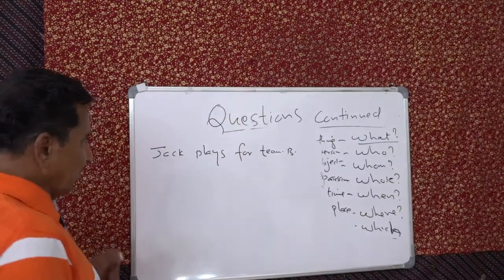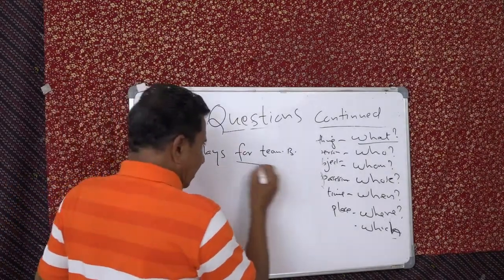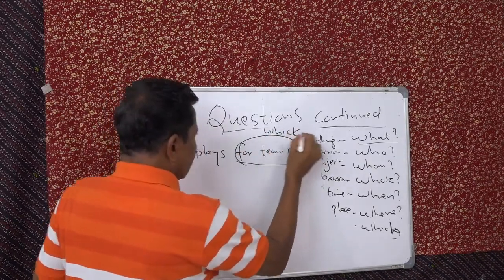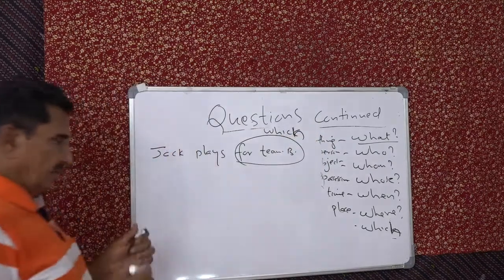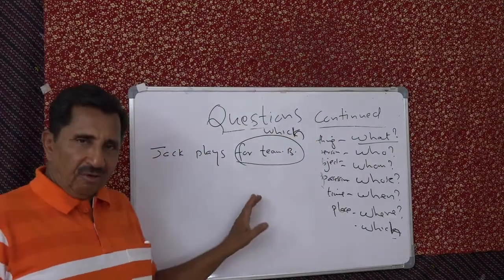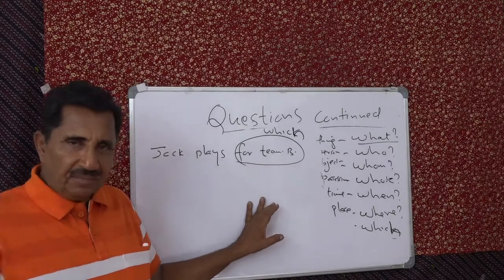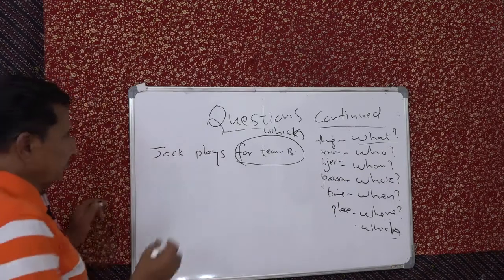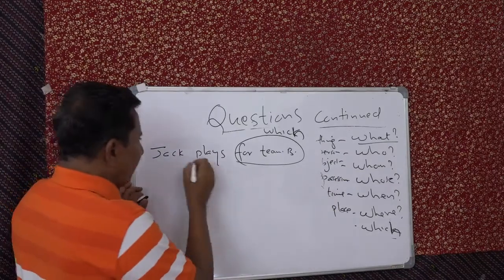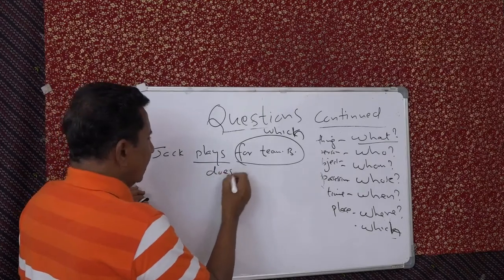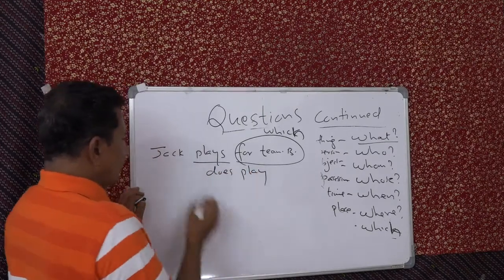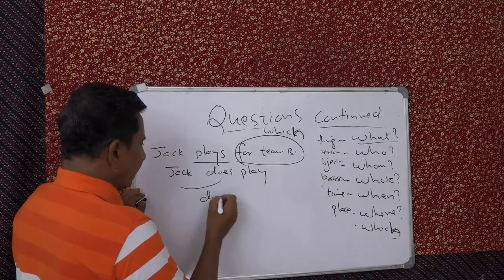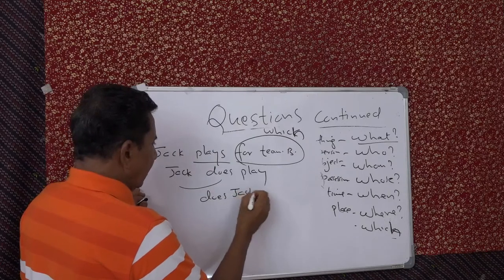And so what do you do? Instead of this, you write which. Okay, that is clear. Because you want to identify or find out the name of the team. So you see which team. Now, plays is equal to does play. Jack. Now you have to reverse.